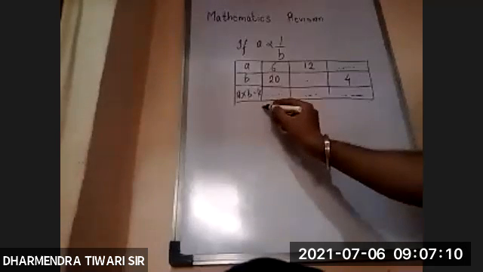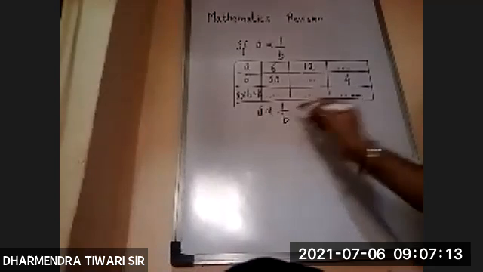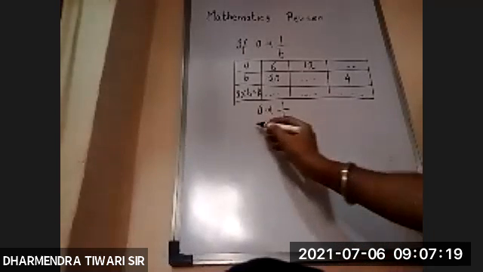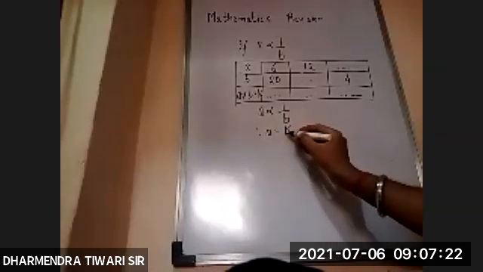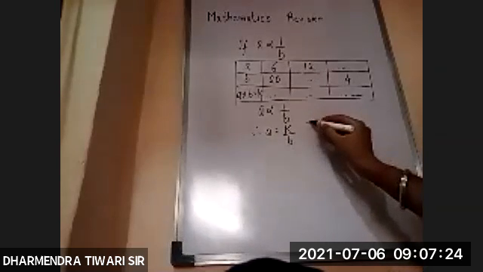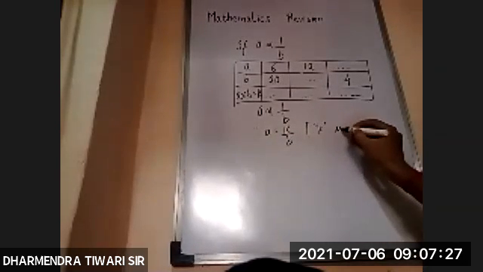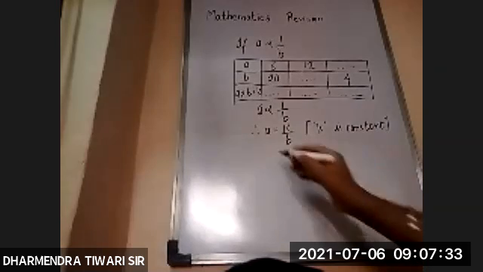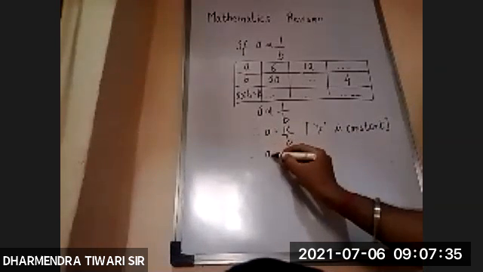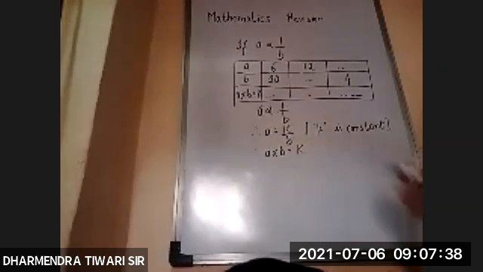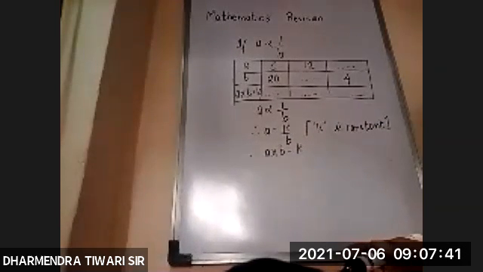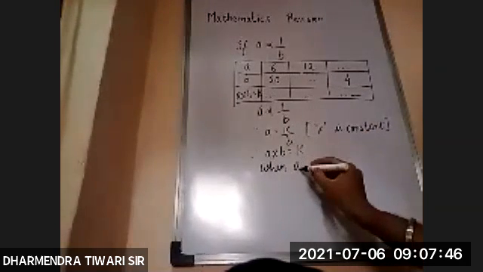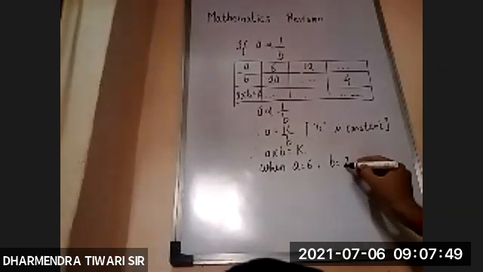So as A is inversely proportional to B, we can write A alpha 1 upon B. Therefore, A is equal to K upon B, where K is constant. Therefore, A into B is equal to K. Now we know the value of A and B when A is equal to 6 and B is equal to 20.